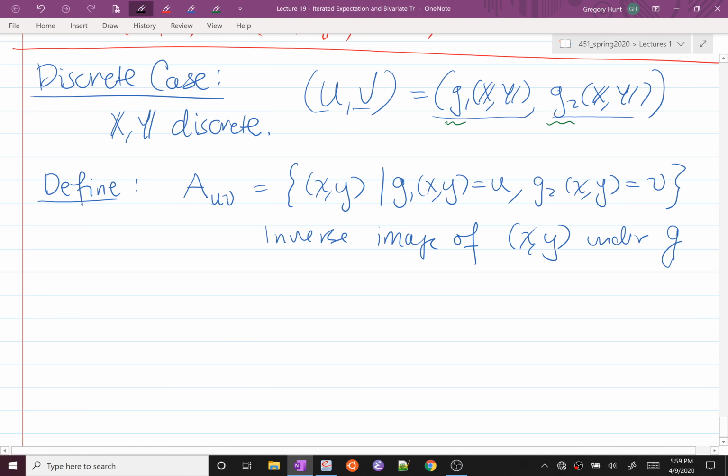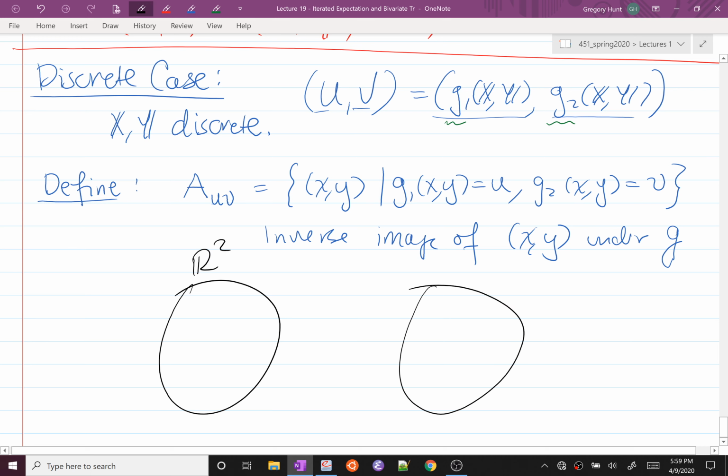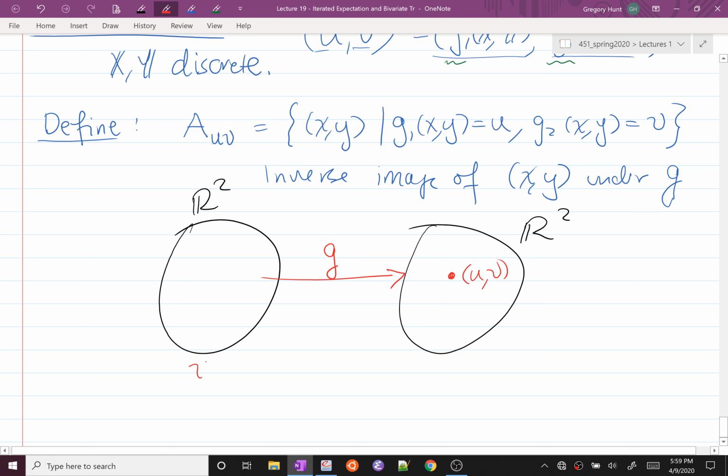So the picture here: we have two spaces, both are R2. And if I have a point over in my transform space, which is supposed to be u comma v, and I have a function g which maps x, y over here to my u comma v here.